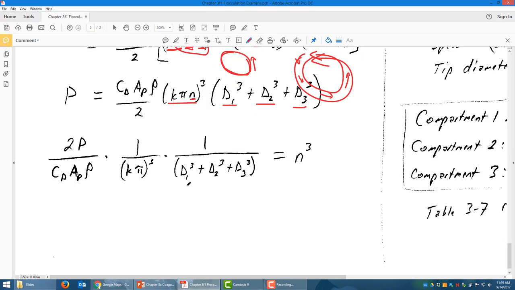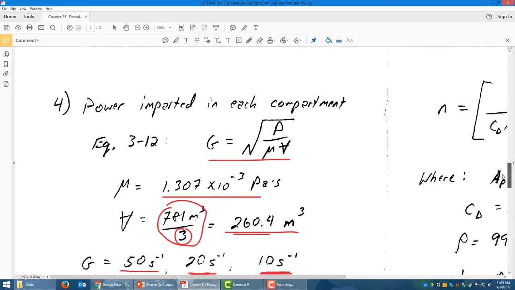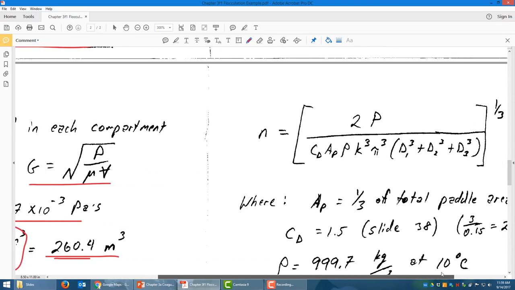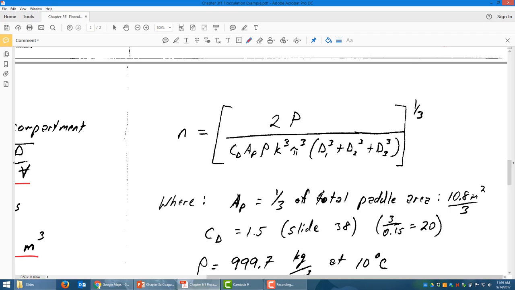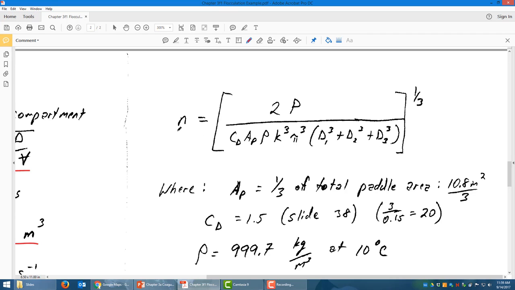Now we can do a little algebra and solve for the rotational speed cubed, or the rotational speed itself actually, and we move over to the top right of my page to do that. And then the rotational speed is going to be this after you did some algebra.